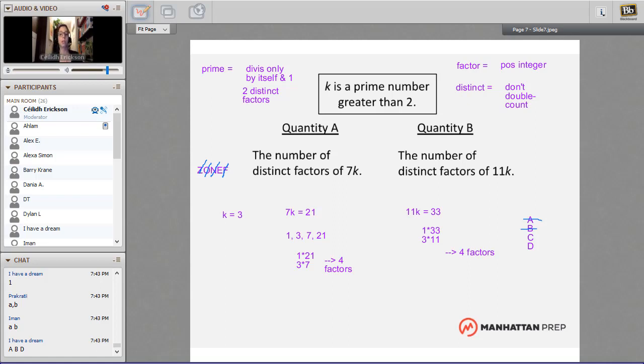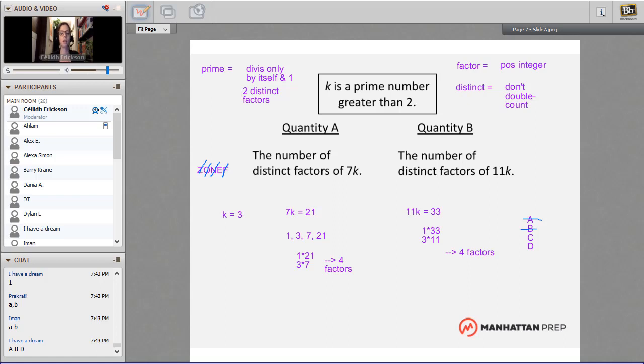So either they're always the same or there's a case in which they're not the same. We cannot eliminate C and D. If you test one case, it will only allow you to eliminate 2 answer choices. D is still on the table if you've just tested one thing. So we could just test now K equals 5, and go to the next thing.